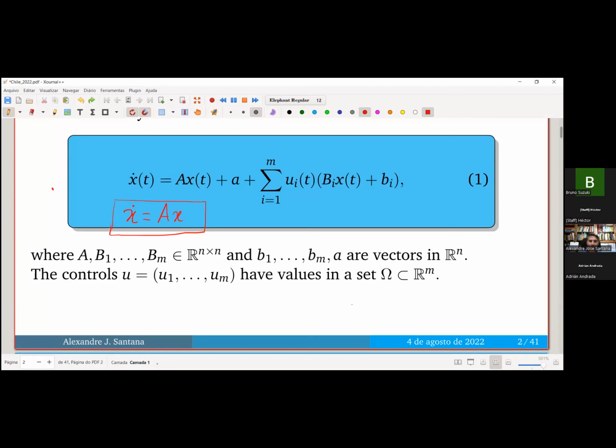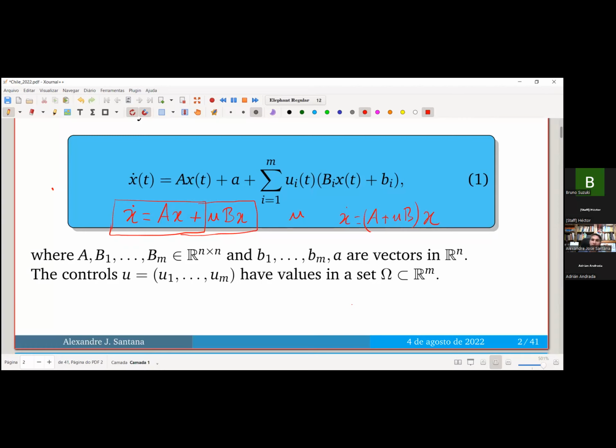we can put here some map U and another matrix B, multiplying this vector X, and then we will have this new system. For every fixed U, we will have our ordinary equation, because if you fix U, then we just have X dot equals A plus UB times X. This is a differential equation.